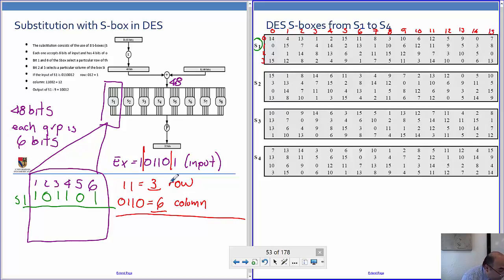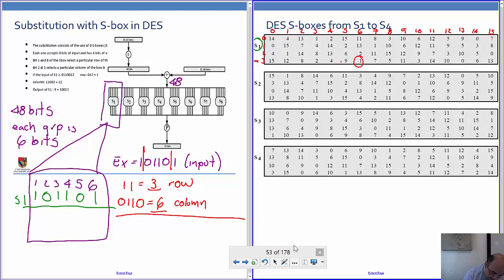So we have row 3, this row. Column 6, this column. So this is this one. Right? So the answer is 1 in decimal.